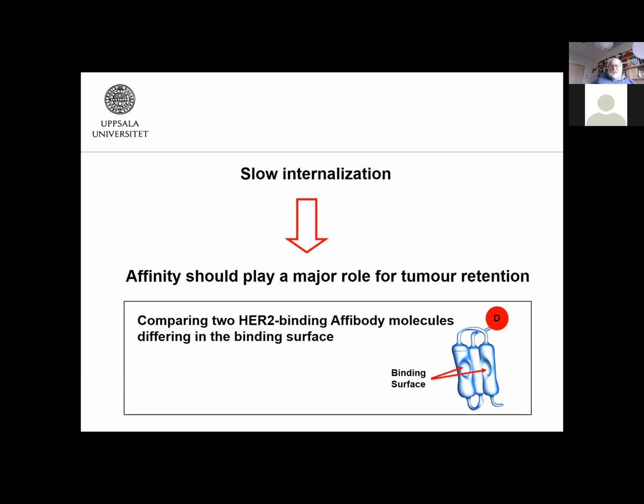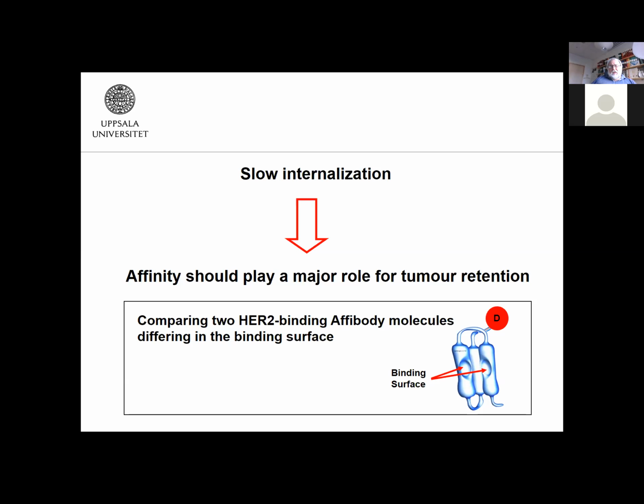So one question we had to clarify is the influence of affinity. If we have rapid internalization and if we have residualizing label, so activity is internalized together with a target trapped inside, essentially retention of activity starts to be independent of affinity, because we are switching to the irreversible process of internalization.